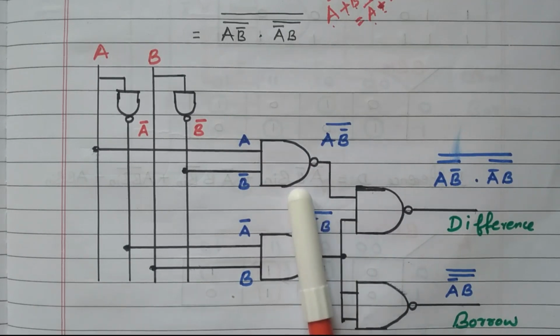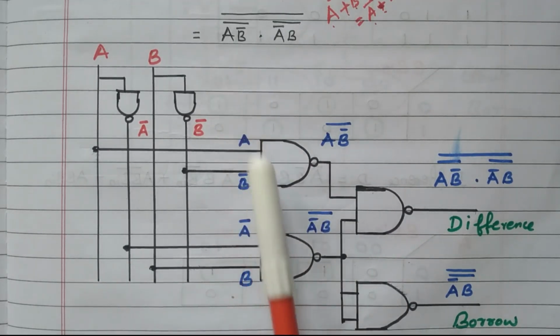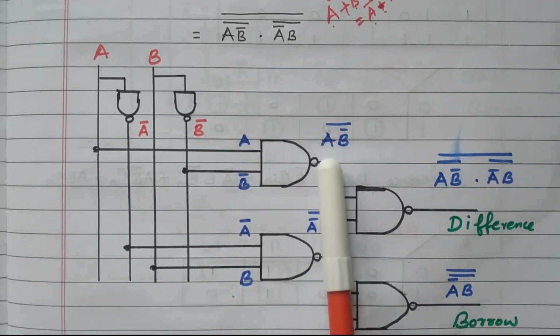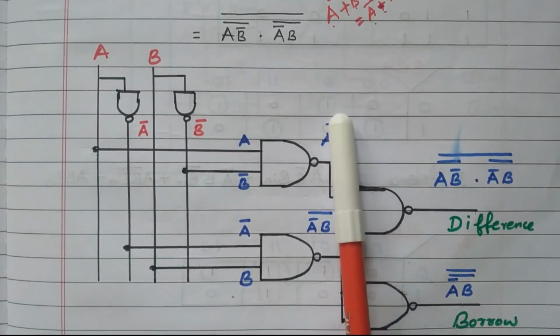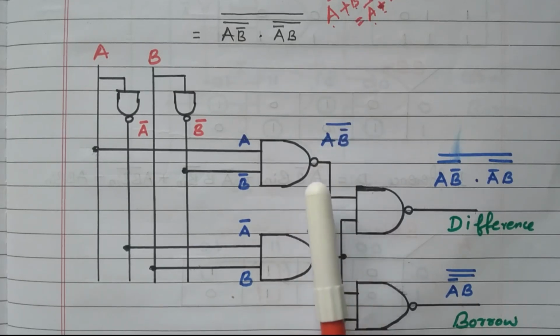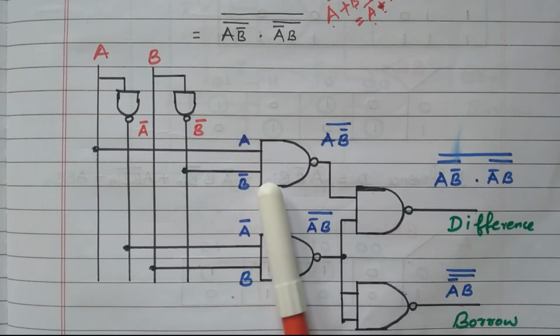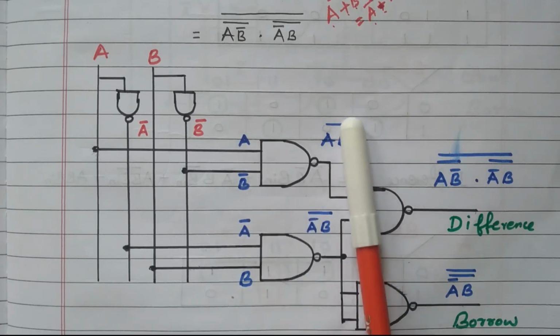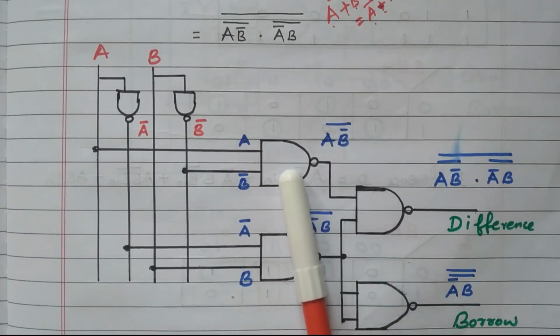What is the input to the first NAND gate? A and B bar. So A is connected and B bar is connected, so that it will give A B bar the whole bar, because a NAND gate gives the complement of the AND. AND gate means A into B, NAND gate means A into B the whole bar. So A into B bar the whole bar is the output of this NAND gate.